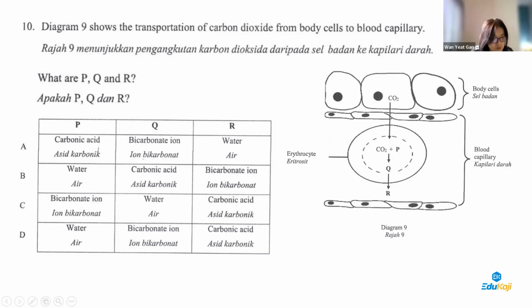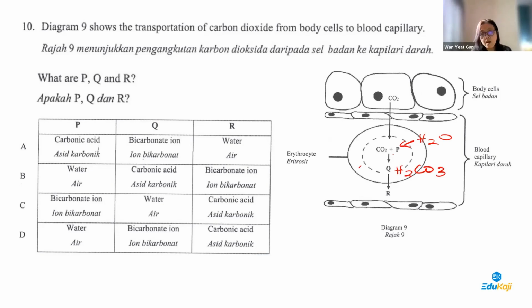So the CO2 will combine with water. So P is water, and carbon dioxide added with water will form carbonic acid, H2CO3.